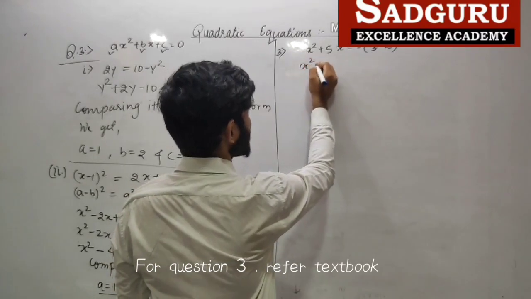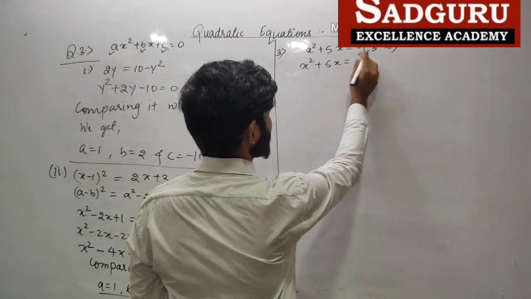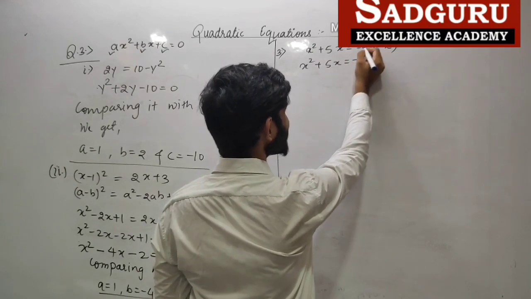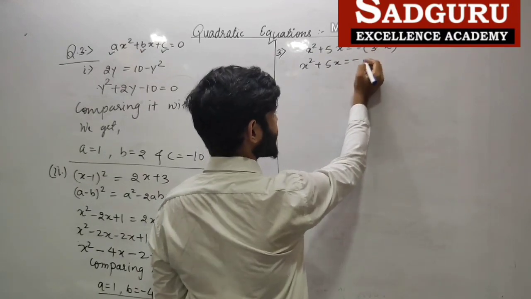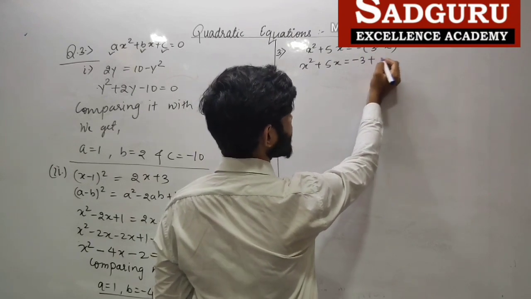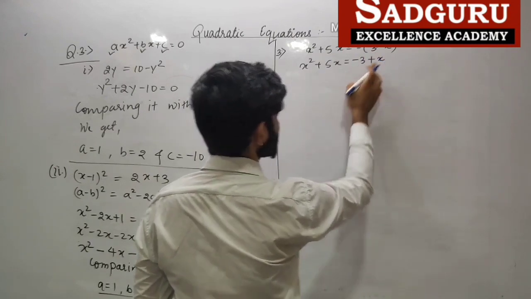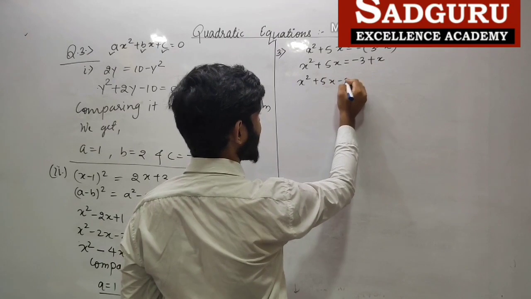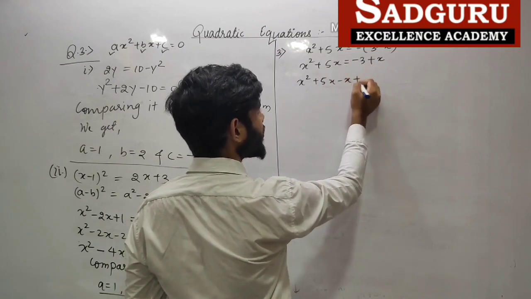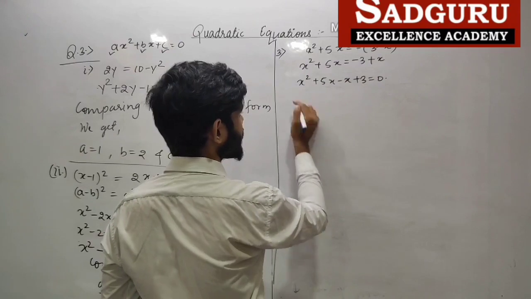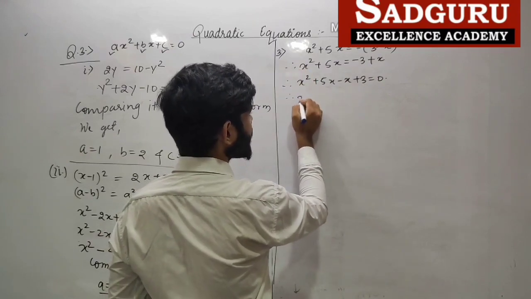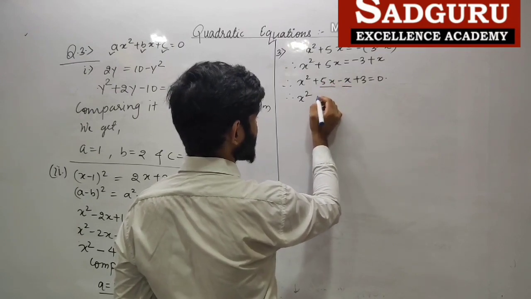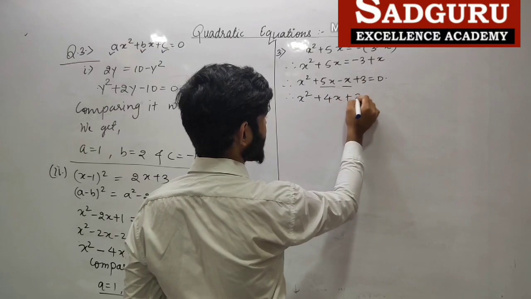So x square plus 5x, and we'll open the bracket, consider it as minus 1, so it becomes minus 3 plus x. So this x will come to this side. So x square plus 5x, x comes here and becomes minus x, and this minus 3 comes here and becomes plus 3, which equals 0. So these are the like terms, 5x minus x becomes 4x, so here it becomes x square plus 4x plus 3 equals 0.